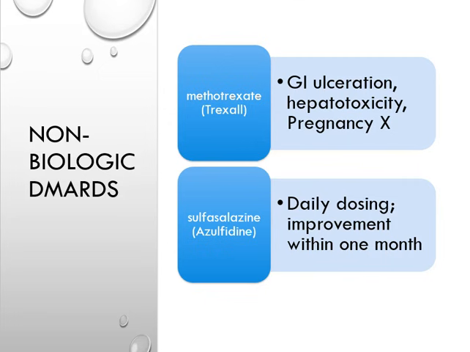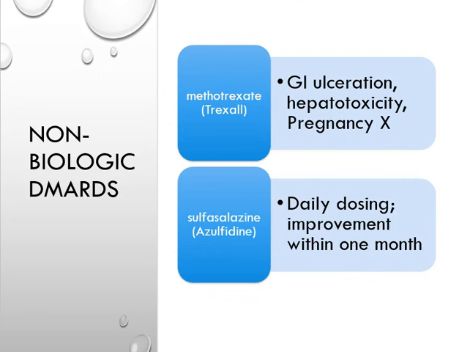And then a second line drug is sulfasalazine or Azulfidine. It's got some daily dosing. For people who are having trouble with the methotrexate, this is a drug that they can use. The adverse effects are GI upset. They might have to use an enteric-coated kind, or split the dose. Instead of taking one big dose, take it 2 times a day in 2 lower doses to get the same amount.